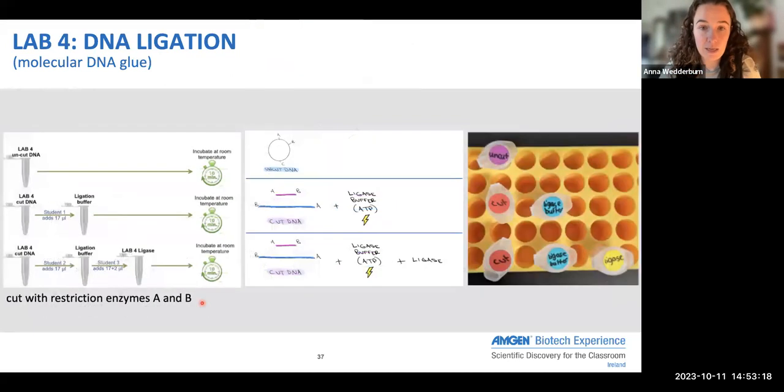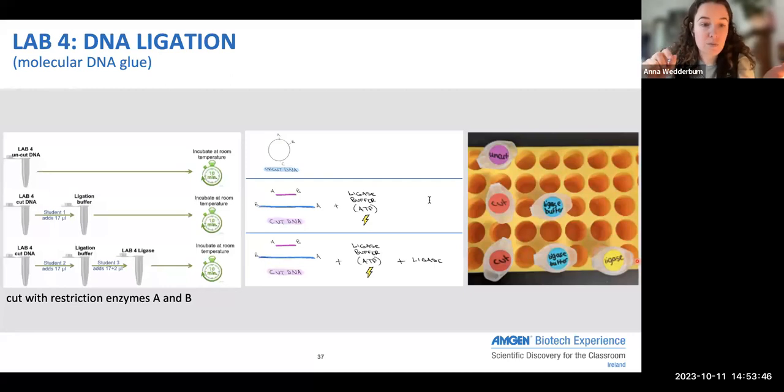Again, I really recommend putting out the tubes in the same way as the instructions. So you've got your uncut, matching your uncut, your cut, ligase buffer, cut, ligase buffer, ligase. Great. And something that I should have said for lab 3 as well is that before doing any of lab 3 or lab 4, centrifuge all these tubes, because we're working with really small volumes here.